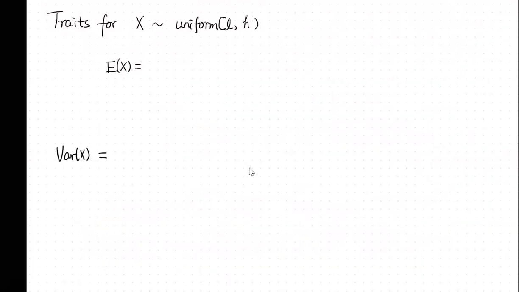For uniform distributions, we can define the traits for these distributions. We can define the expectation and the variances. For the expectation, let's use the expectation formula, which is the integral of x times the probability density function dx.